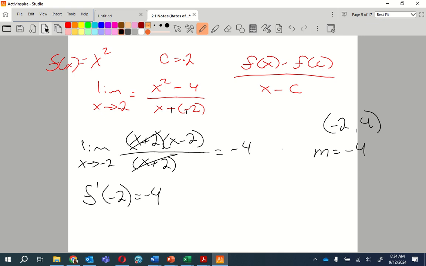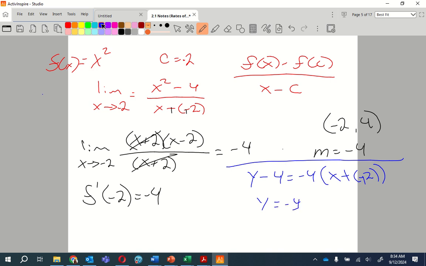Going back to that point-slope formula I gave you guys, I'm going to plug that in. Change of colors. y minus y1 equals the quantity x minus x1. I get y equals -4x minus 8.